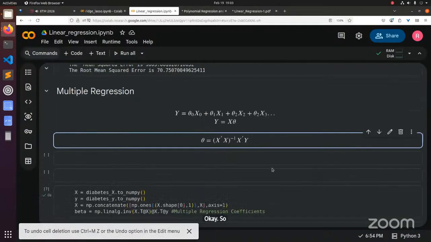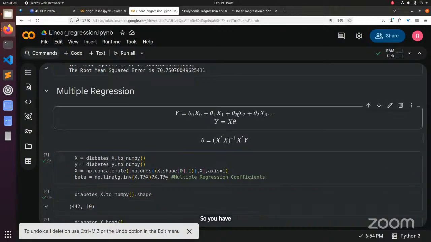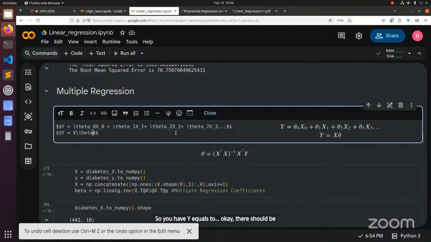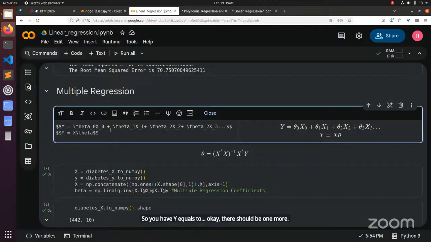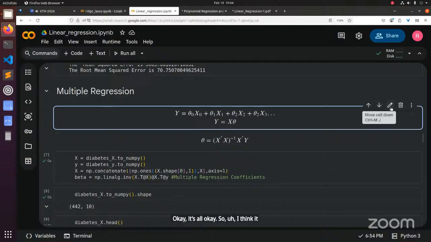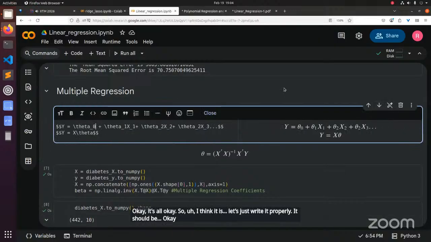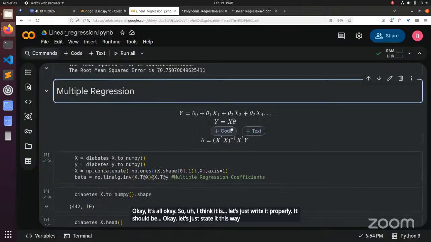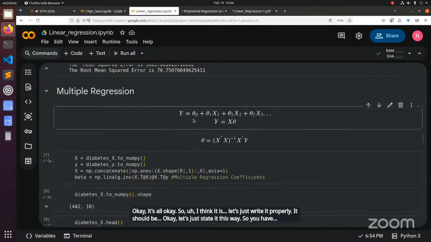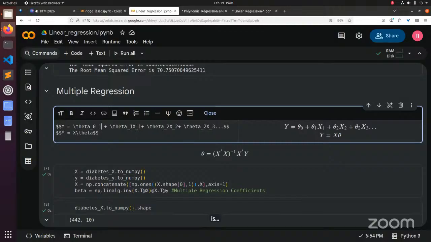So you have this equation. You have y equals to, there should be one more. Let's just write it properly. The first term that you see here is 1.